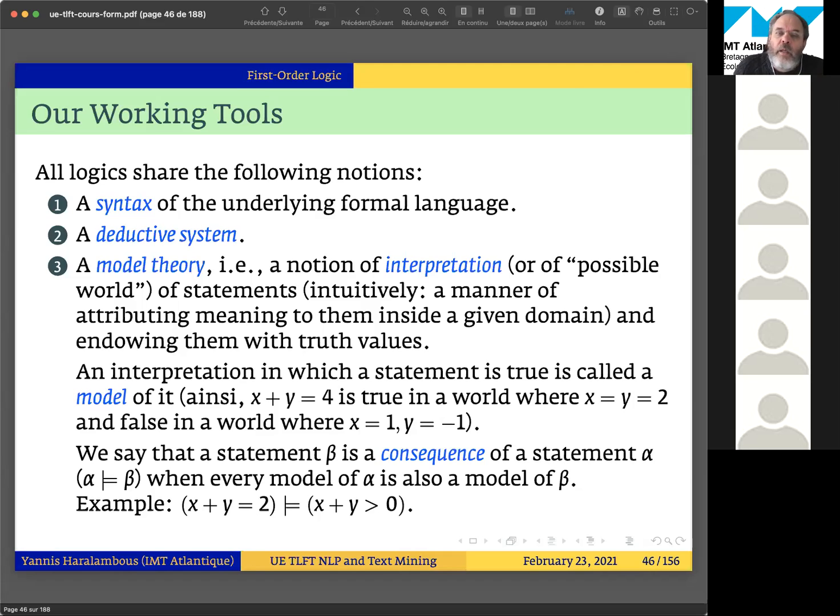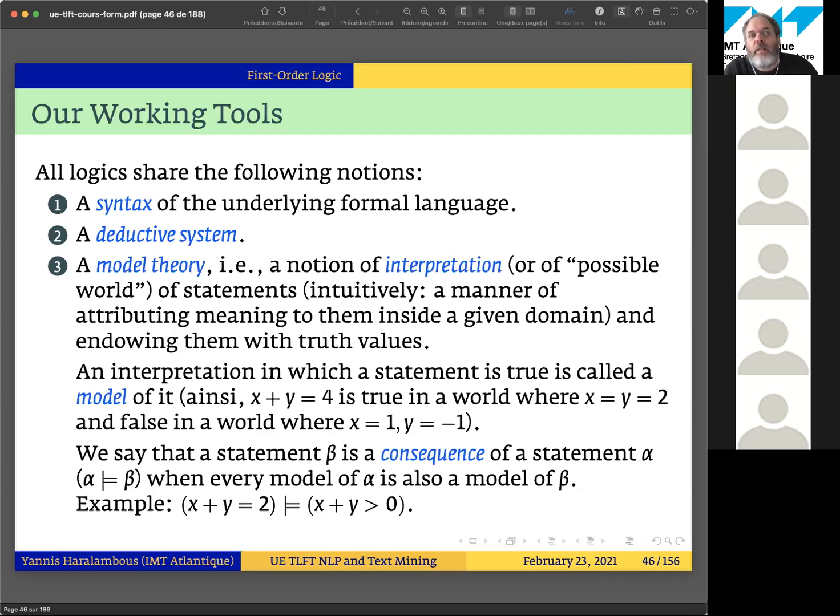And for each constant in your formula, you need an object in this interpretation, in this domain. For each predicate, you will get a relation. For each function, you will get a function, and so on. So each piece of your formula gets interpreted in some specific way.